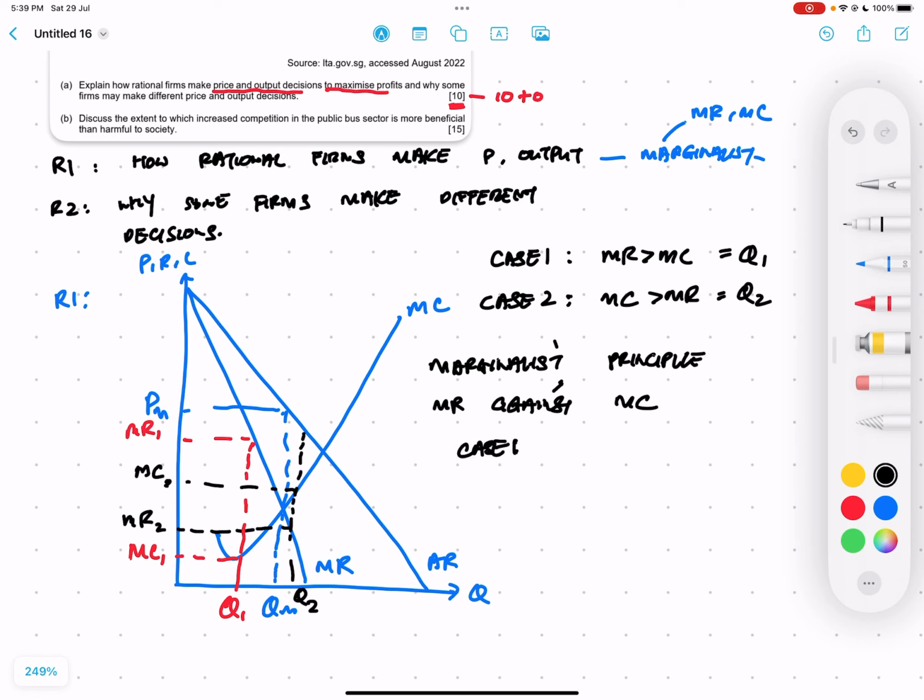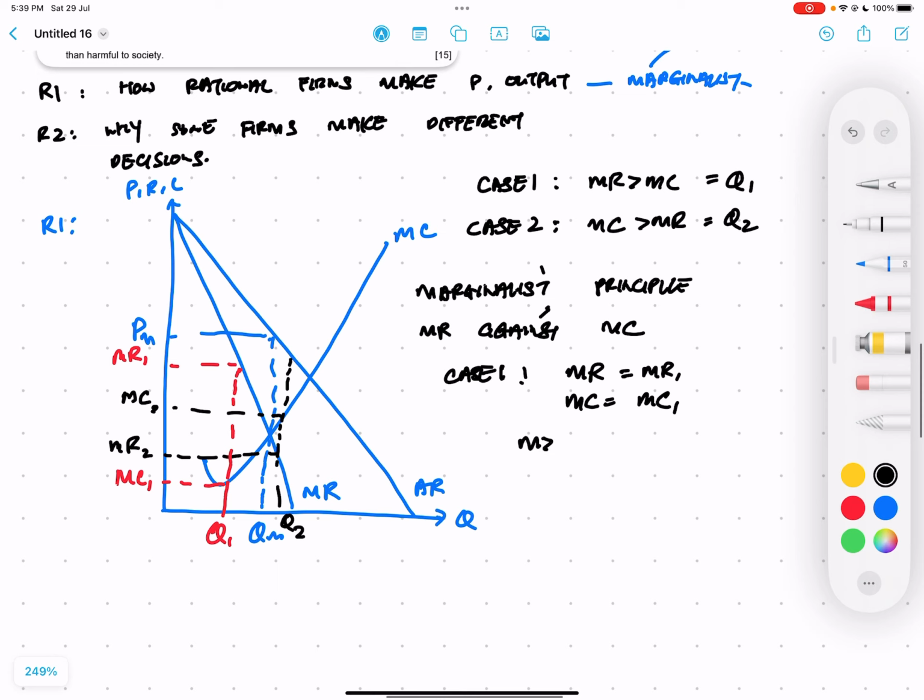In case 1, the marginal revenue is at MR1 and the marginal cost is at MC1, so MR is more than MC. Then you have to explain why this is not profit maximizing. The way you explain how firms make rational decisions is to explain the cases where those decisions are not rational. The first case where it's not rational is where marginal revenue exceeds marginal cost.